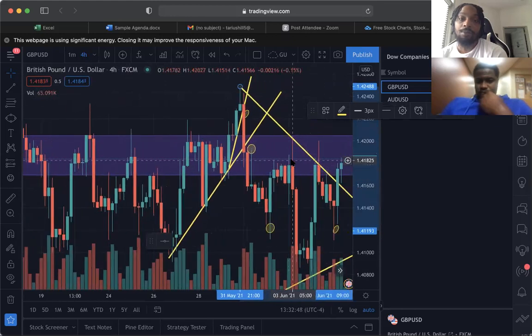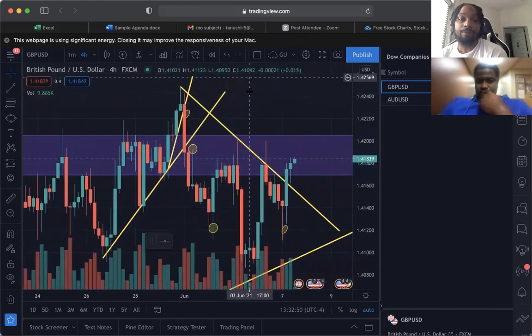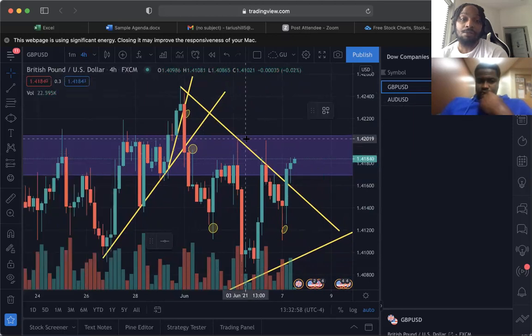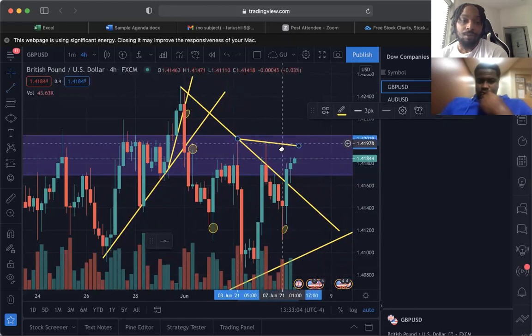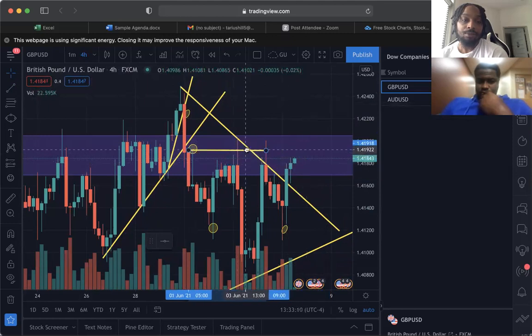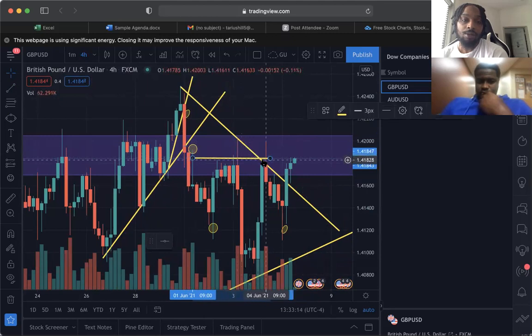And then I would have a random line right at the top of those wicks, just to see if it's going to respect that resistance or break out of that resistance. I have it to the left some, right down.